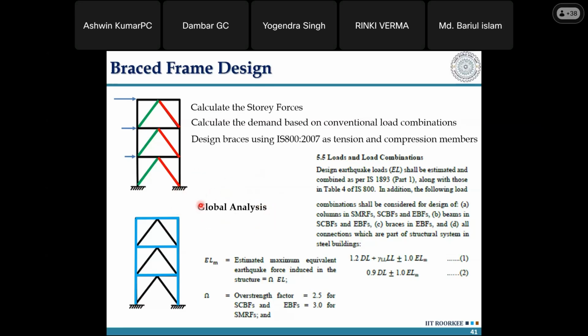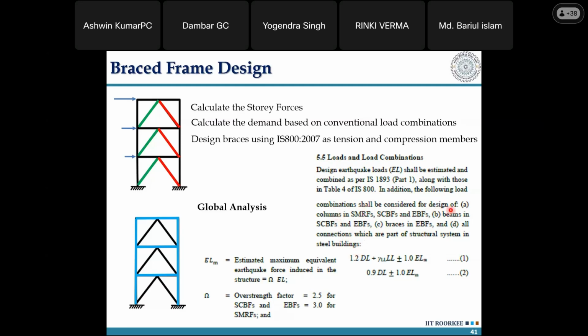For the global analysis method, what you have to look at is IS 18168, which gives you, as per clause number 5, read this: design earthquake load shall be estimated and combined as per 1893 along with those in table 4 of 800. In addition, the following combination shall be considered for design of columns of SMRF, SCBF, EBF, beams in SCBF, EBF, braces in EBF, and all connections which are part of structural system in steel building.